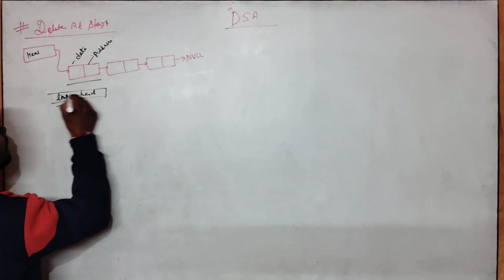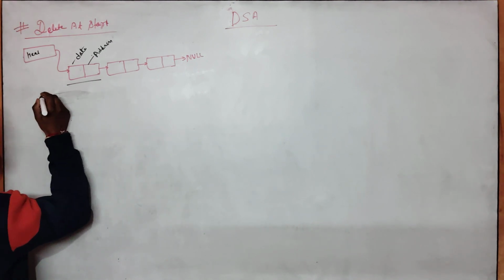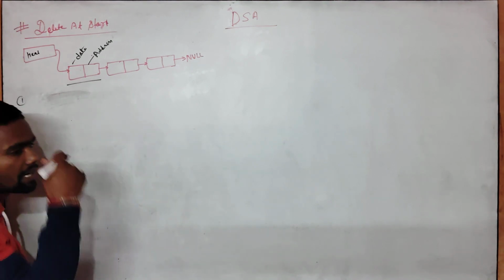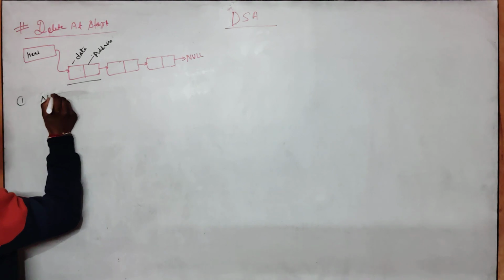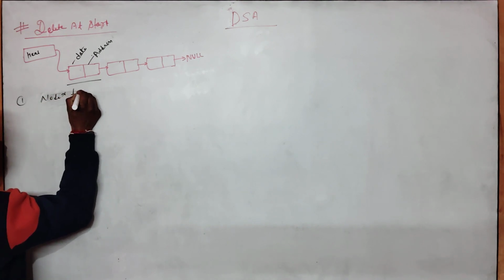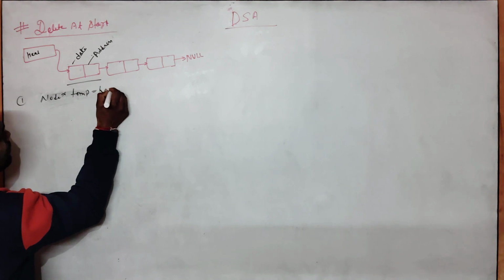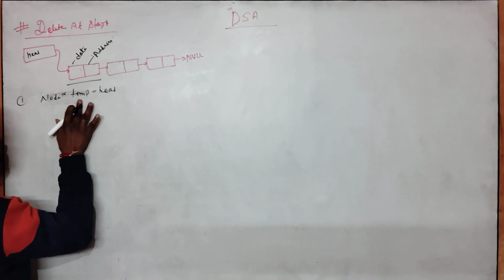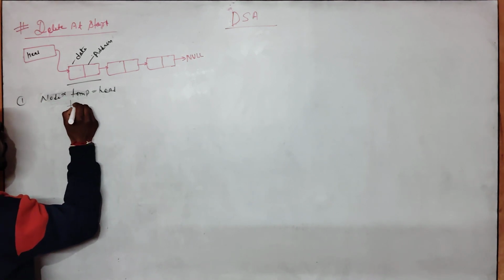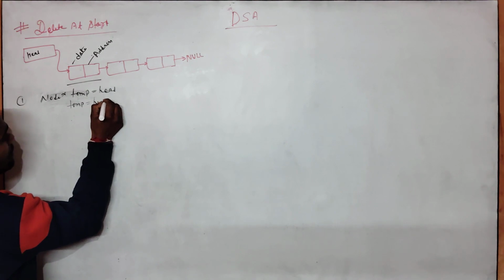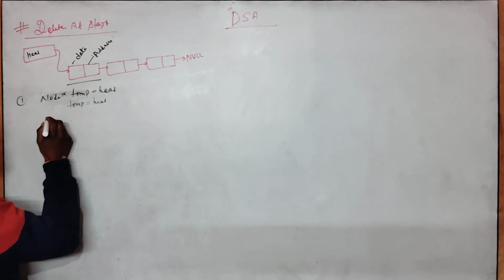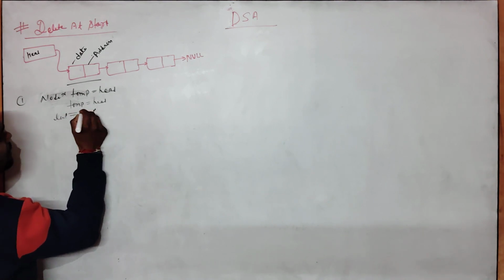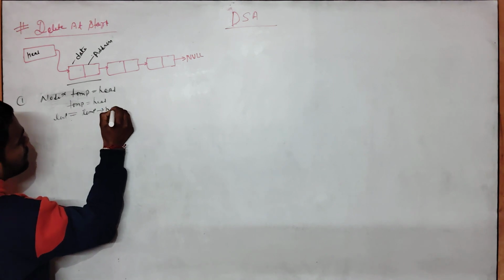And what will I write here? Firstly, I create one node, because I want to delete this node, the head, in deletion at the starting. So node temp is equal to head. Then what we will do here? head is equal to temp of next.